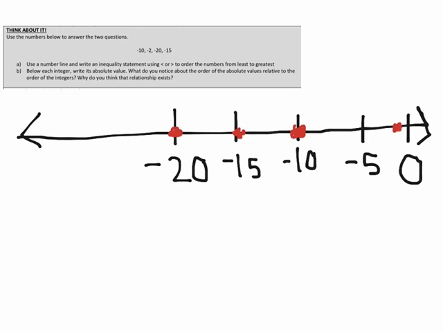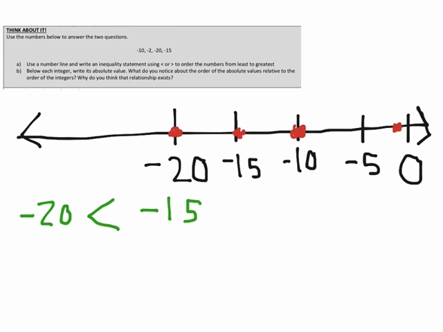So I'm going to start writing my numbers in order from least to greatest using my symbols. So here's -20. And we said that if it's a smaller number, the alligator is not going to want to eat that number. So I know that -20 is my smallest number here, so the smaller side of my alligator is going to face -20. And then my next smallest number is -15, because that's the next number that's the furthest away from 0 besides -20.